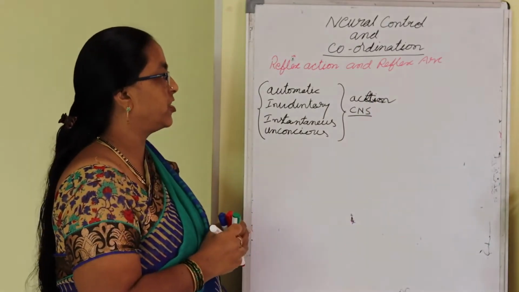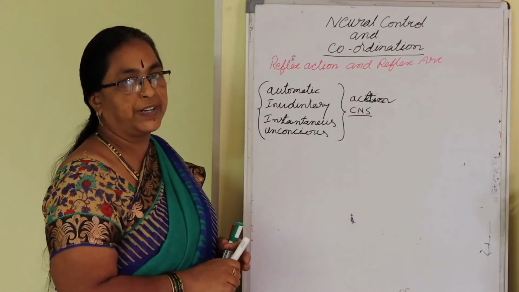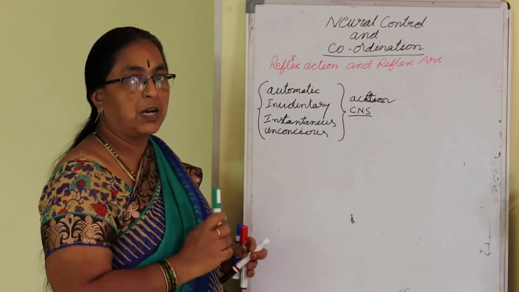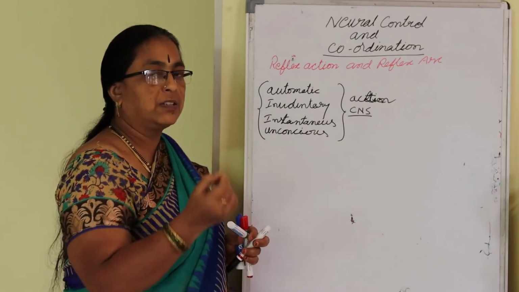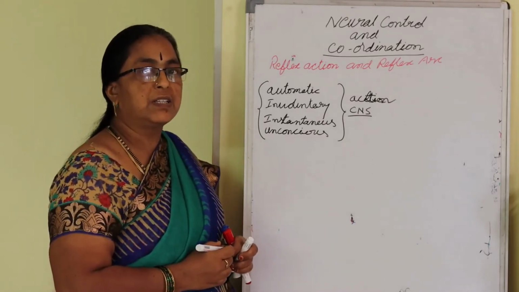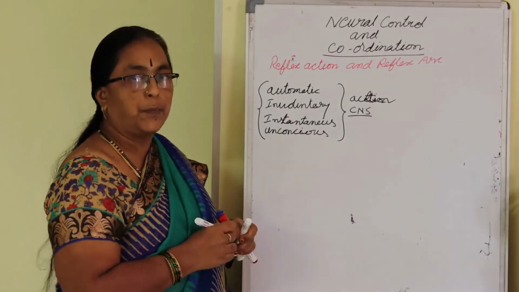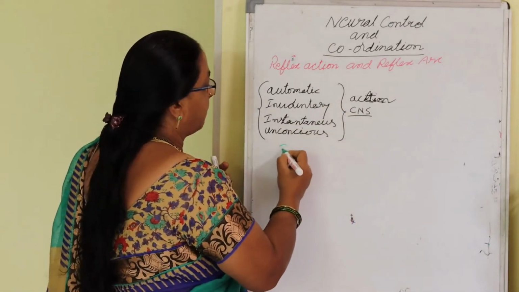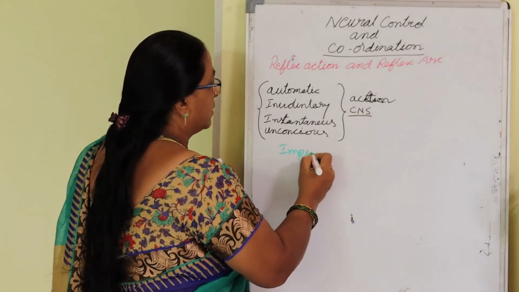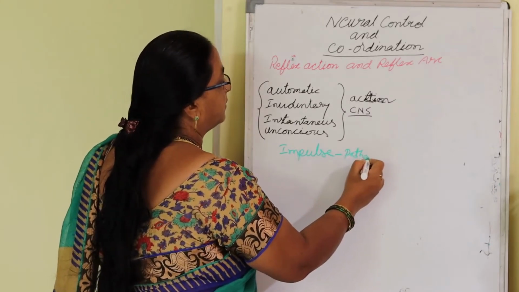This reflex action comprises neuronal components. Those neuronal components give a pathway for the impulse through the central nervous system.